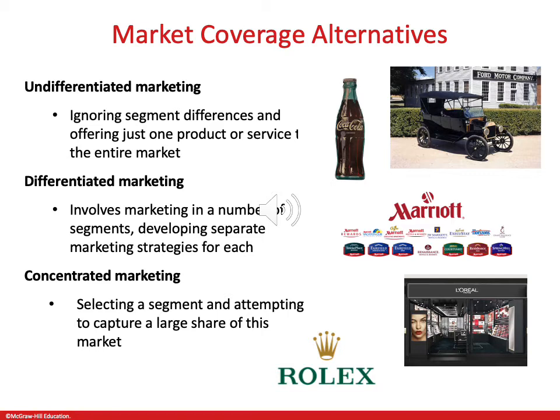And Rolex may be another example, really going after specific white collar, high income, fashion conscious consumers and doing everything you can to maximize your share amongst that very specific consumer target. So again, undifferentiated, differentiated, and concentrated marketing are all different ways to address the question of what our market coverage strategy is.